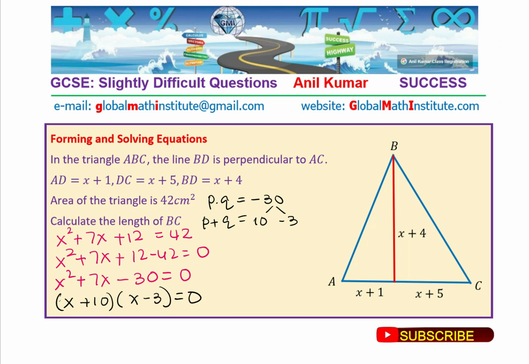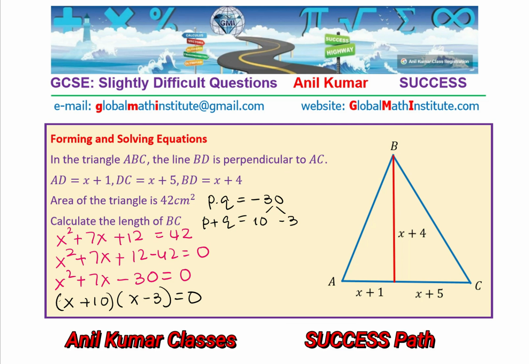So that gives us two solutions. One of the solutions is x equals minus 10. Well, that is not possible, since we cannot make these things negative. Perfect. You can realize from this given diagram that x has to be greater than minus 1, right?